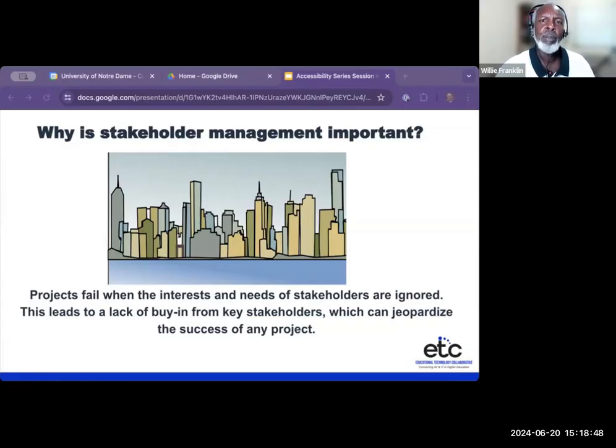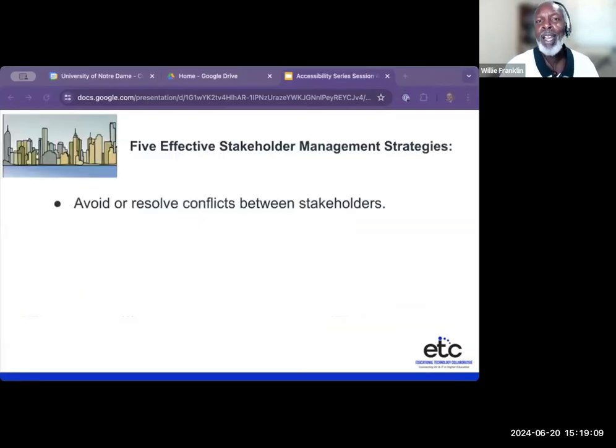So for any project to be a success, you've got to have buy-in, not only from the person who's sharing that information of what needs to be done, but from the entire community of stakeholders that are there to communicate their needs to you. Once again, surveying is very important. Communication is very important. So with the next slide here, I'm going to lay out 5 strategic approaches, if you will, for stakeholder management.